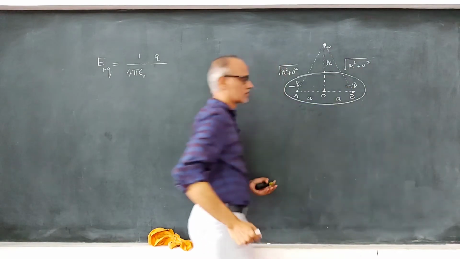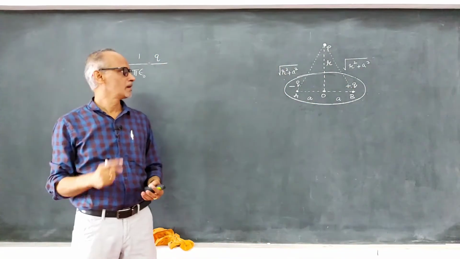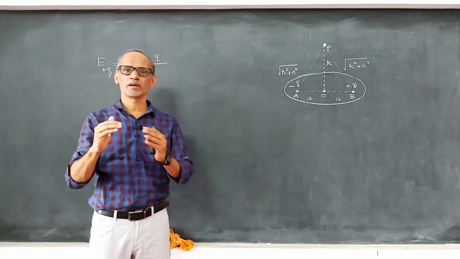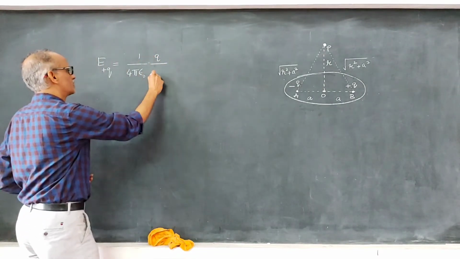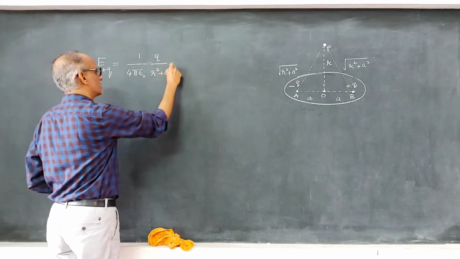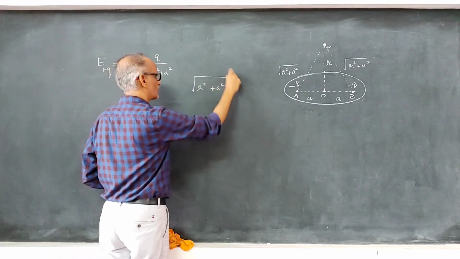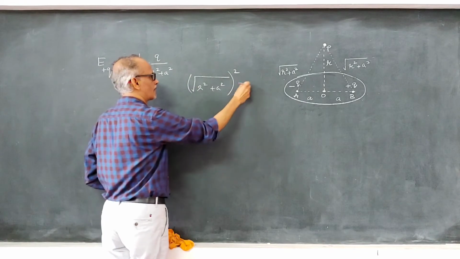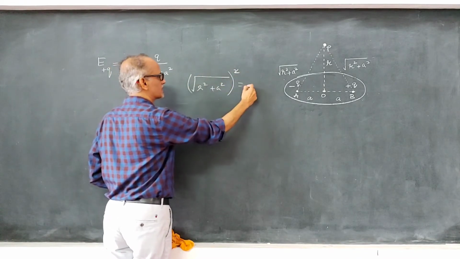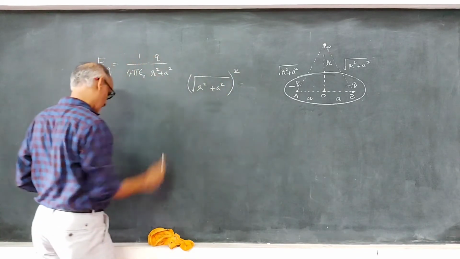But it is already root, correct? So what is the square root of R square plus A square, the whole square, which is nothing but only R square plus A square. The square and this root will get cancelled, giving R square plus A square only.